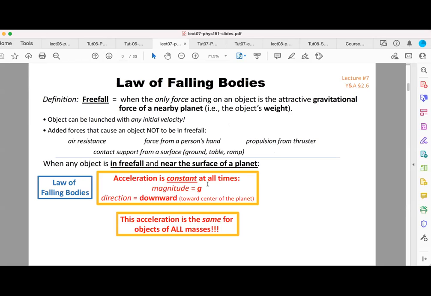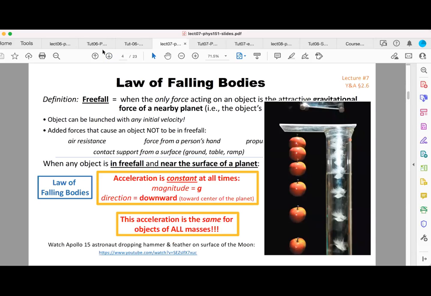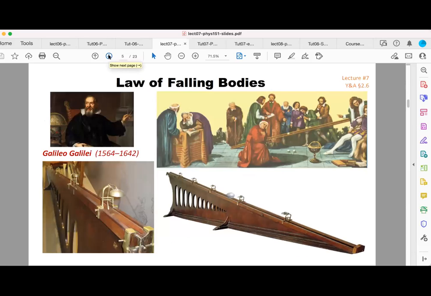The acceleration is considered constant at all times, so you can use essentially the equations that you saw before. The magnitude of this acceleration is g, gravity, and the direction is always downward, toward the center of our planet. This acceleration is the same for all objects of all masses, okay? The first one that studied this was Galileo Galilei.